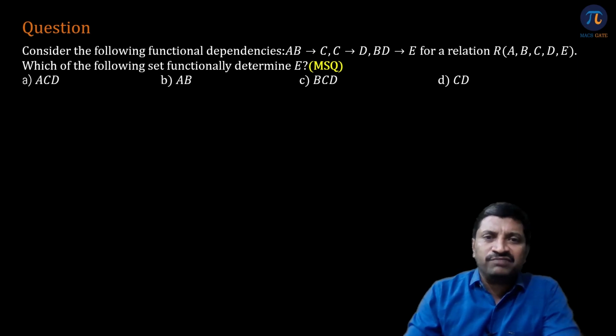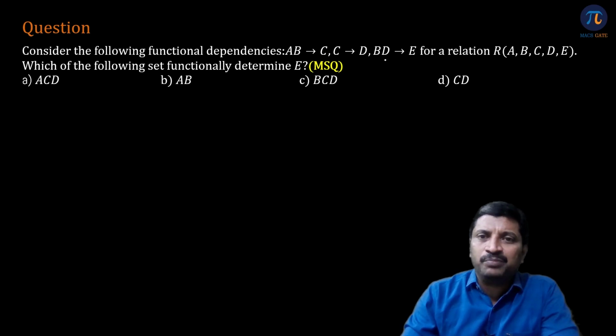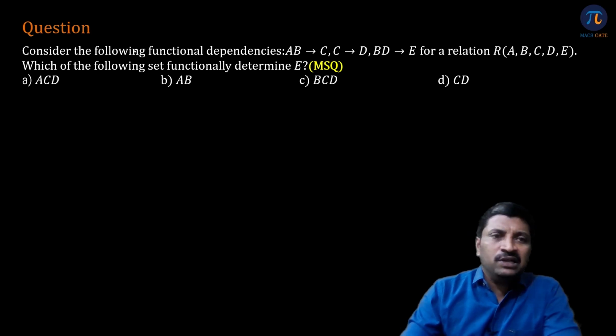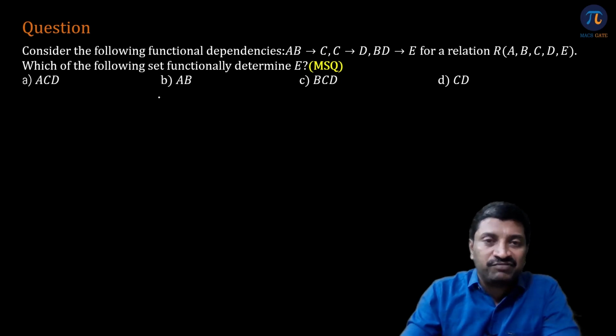Consider the following functional dependencies: AB implies C, C implies D, BD implies E. For a relation with 5 attributes A, B, C, D, E, which of the following sets functionally determine E? Sir, here the same question is given in a different format.